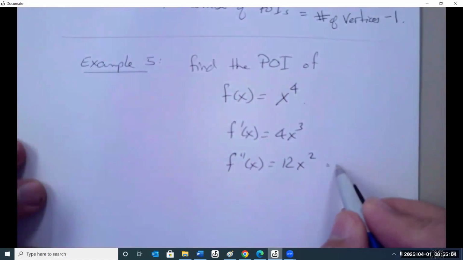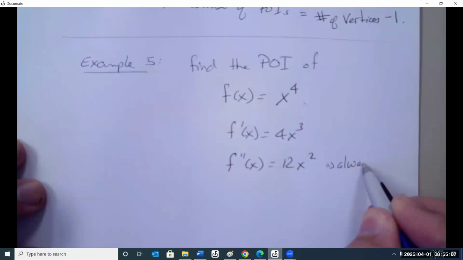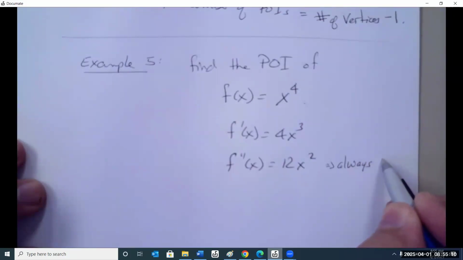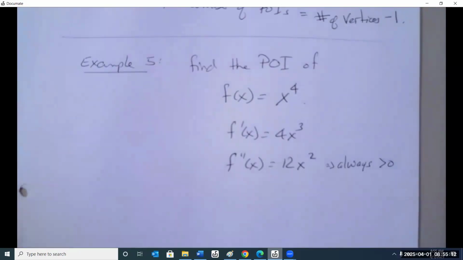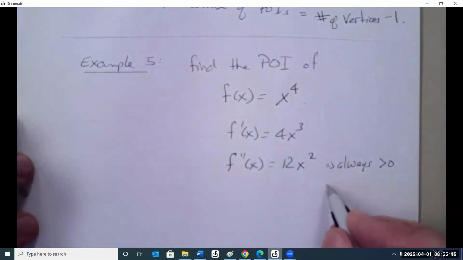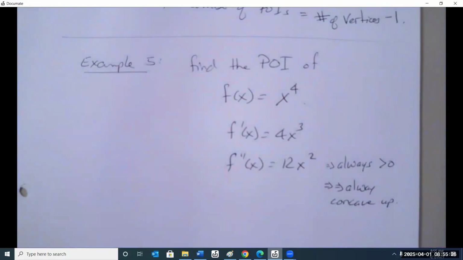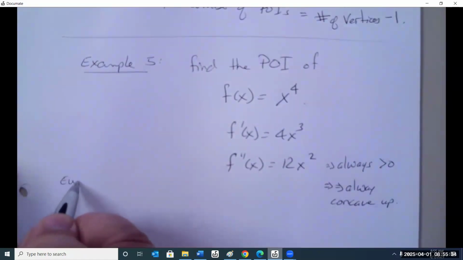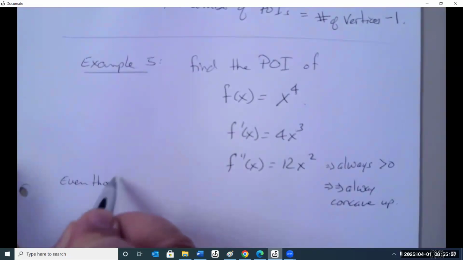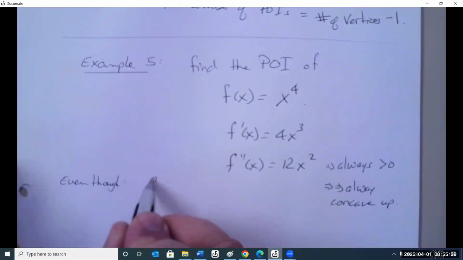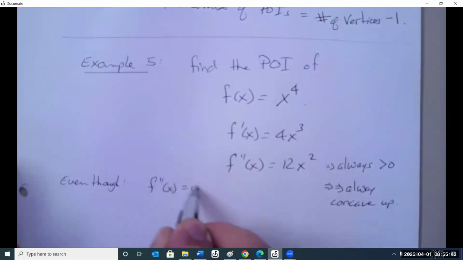So it's always positive, always greater than 0, which means it's always concave up. Even though I could take the second derivative, set it equal to 0.